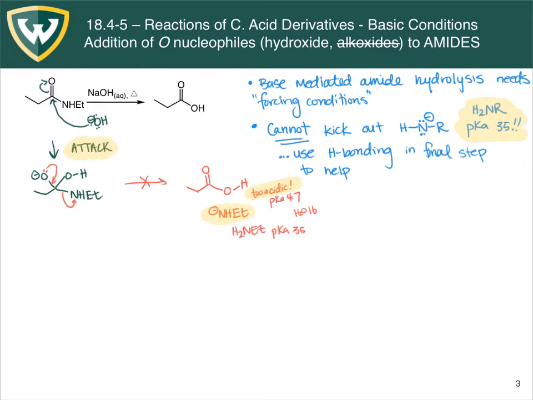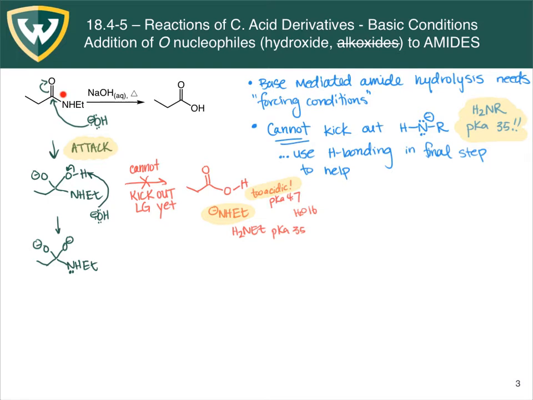So what are we going to do? We're in a solution with concentrated sodium hydroxide, so we have a lot of hydroxide around. We can go ahead and use another hydroxide molecule to get to this dianionic intermediate here. Now in this intermediate, our lone pair on nitrogen is no longer involved in a resonance interaction with this carbon.